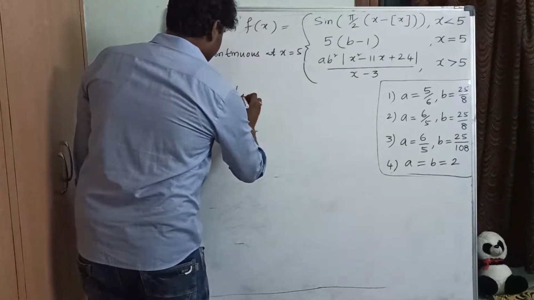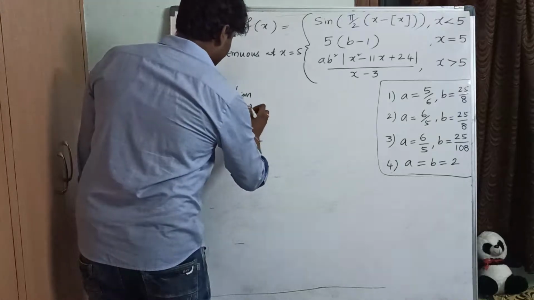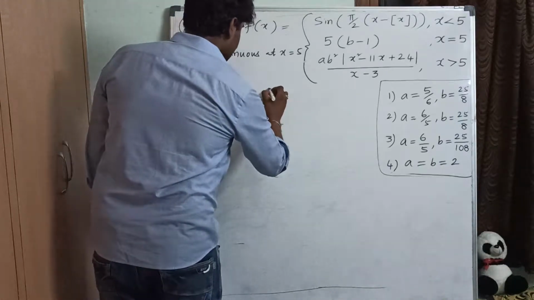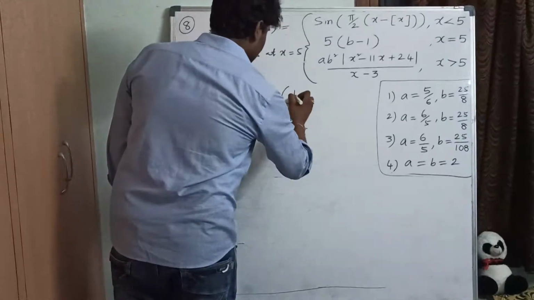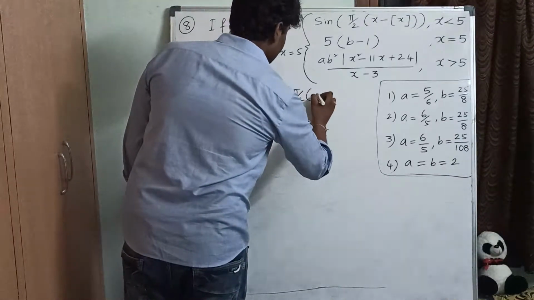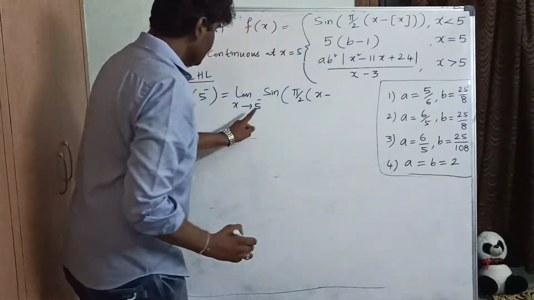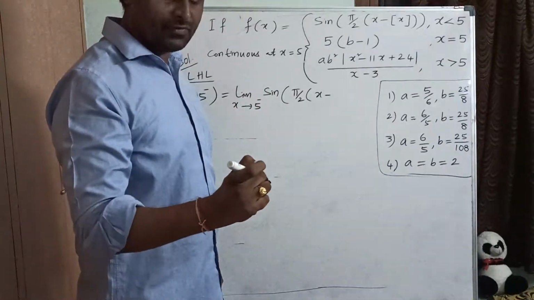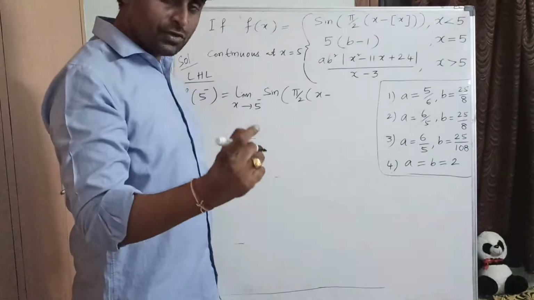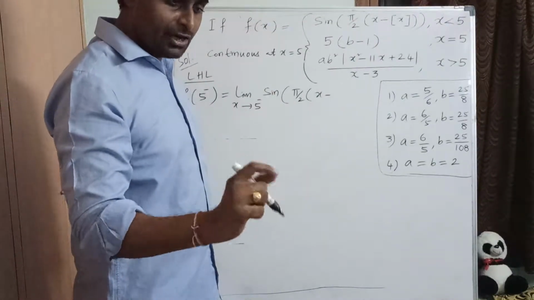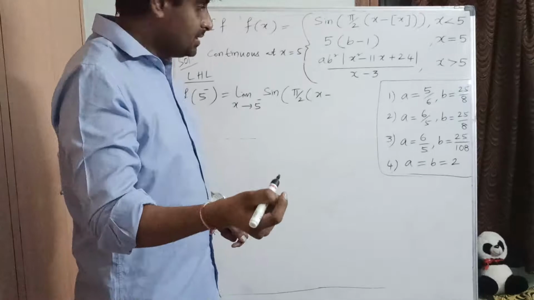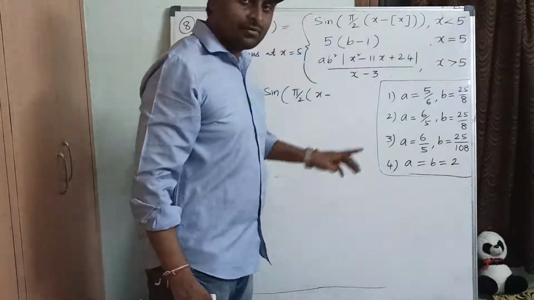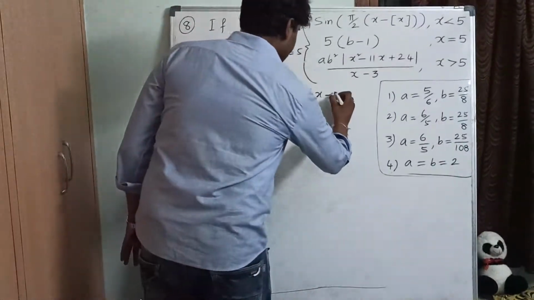So limit x tends to 5 minus, sine of pi by 2 into x minus, see here, 5 minus means 5 minus some quantity, for example 5 minus h, so 5 minus some quantity means it will be 4.99, and step of 4.99 will be 4, so can I write 4 here?